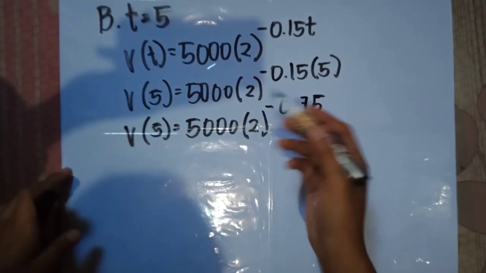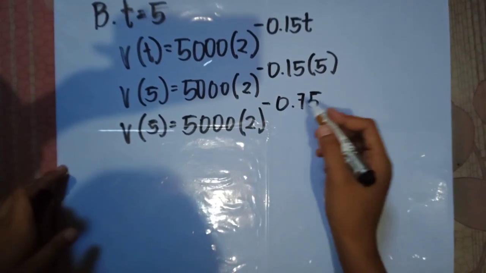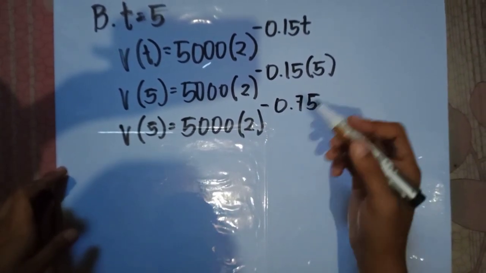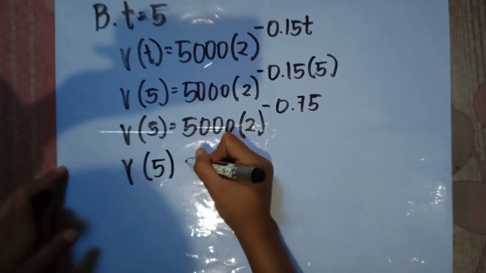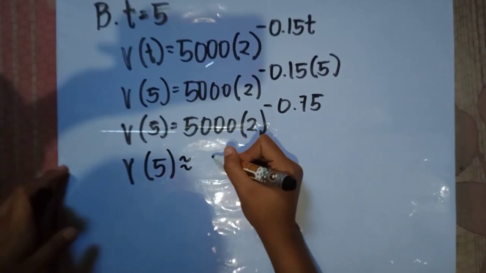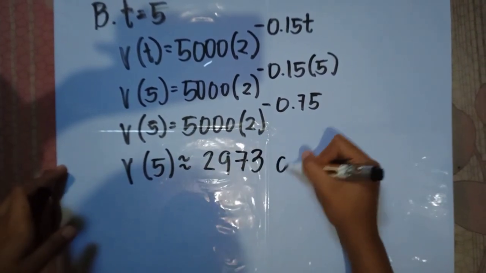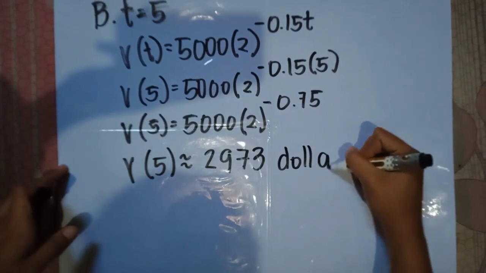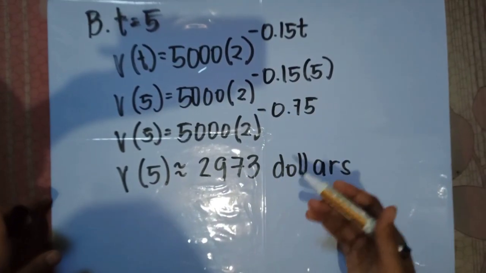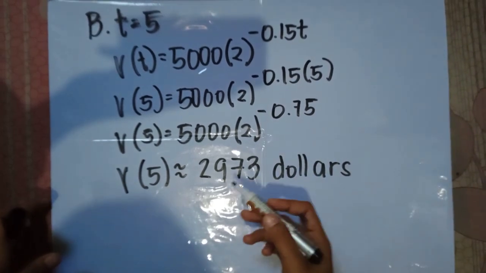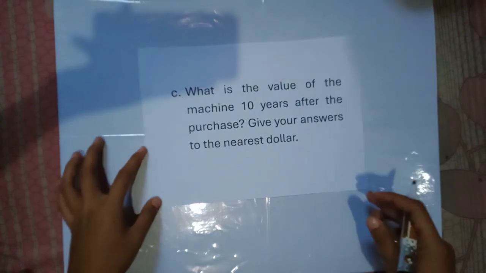Input the expression to the calculator of 5,000 times 2 raised to the power of negative 0.75. The result is approximately v of 5 is approximately $2,973. Therefore, the value of the machine 5 years after the purchase is $2,973.